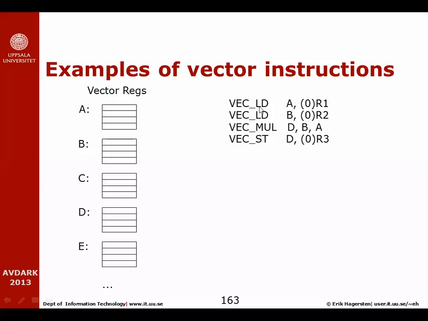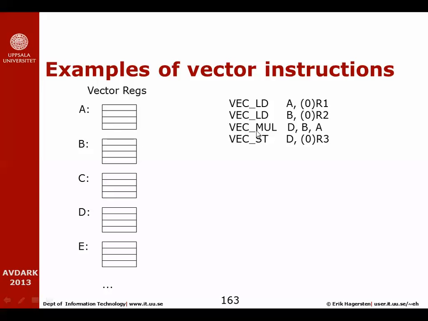When you say vector load, register A, and then you identify some place in memory here, what that means is that you're going to load consecutively, load 4 values, not just one value. So one instruction loads 4 data items into these places. Of course, these data items have to be smaller than floating point units. And of course, load B also loads into this vector register here.